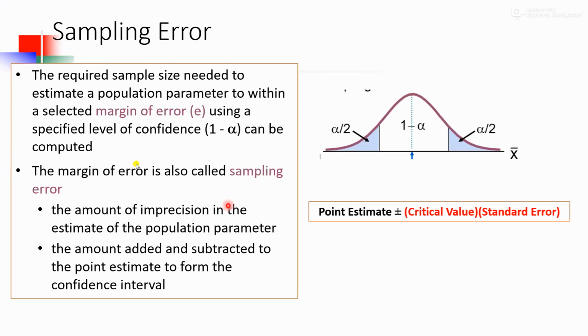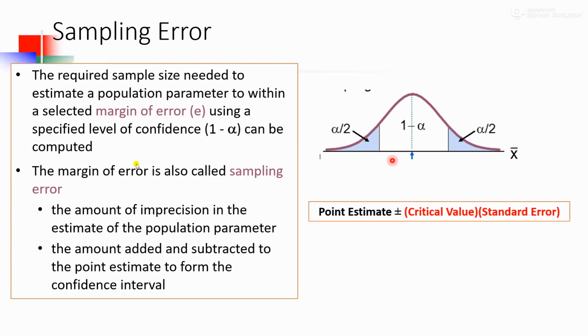So there are errors that can occur due to our samples. This sampling error is called the margin of error. Simply we can say that it measures the inaccuracy in the estimate of the population parameter. The amount of inaccuracy in the estimation of the population parameter is called sampling error.